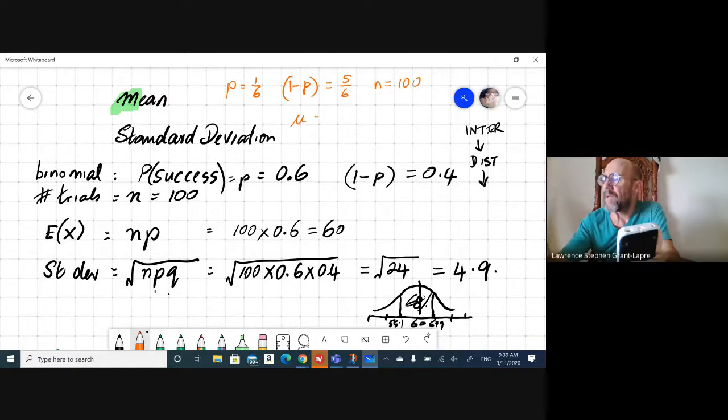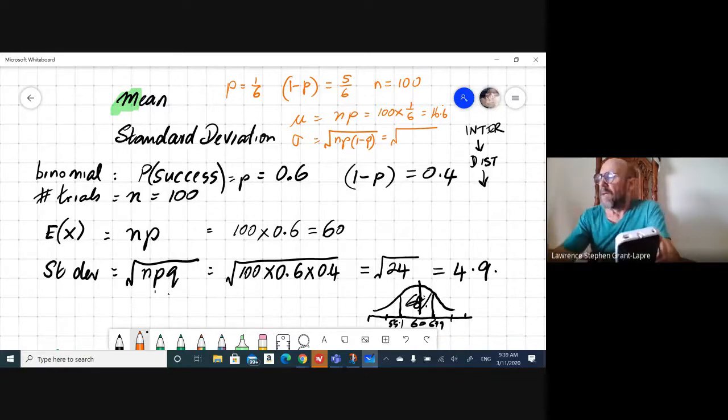So the mean is np. That's 100 times 1/6, which is 16.6 recurring. The standard deviation is the square root of npq. Let's just do that calculation, if you can remember what we just wrote.